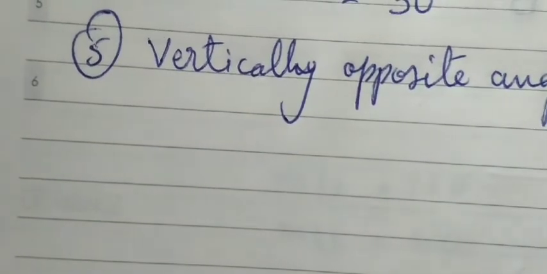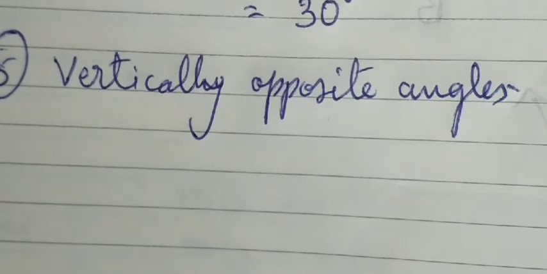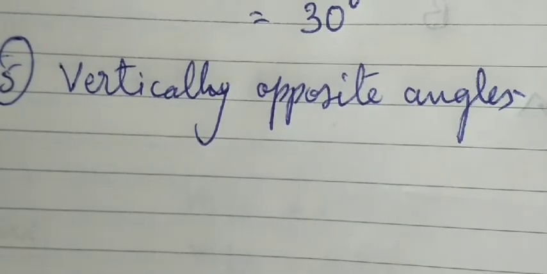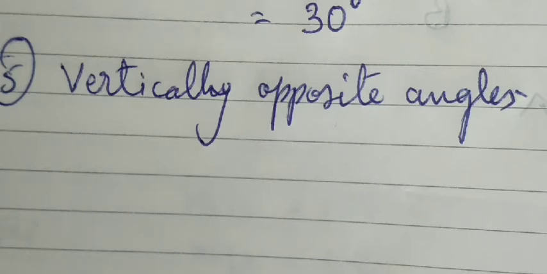Okay. So these were the different angles we have studied up till now. They are formed by the intersection of more than one line or line segments. Among them, the last one which we are going to study right now is vertically opposite angles.